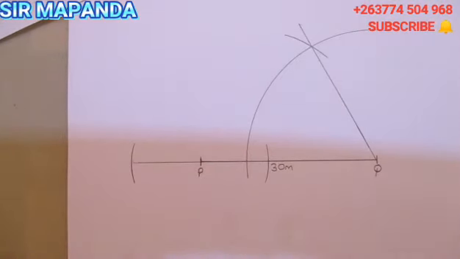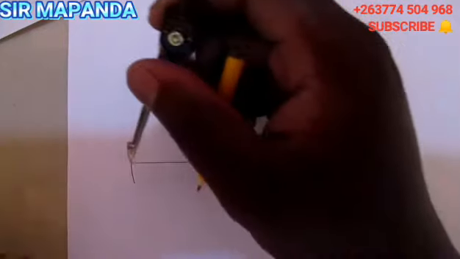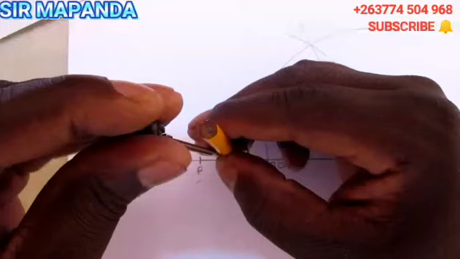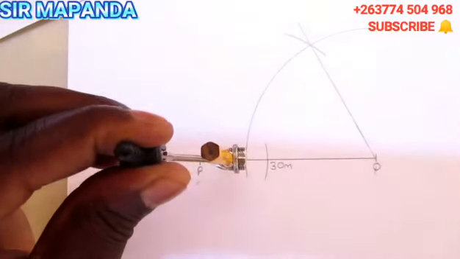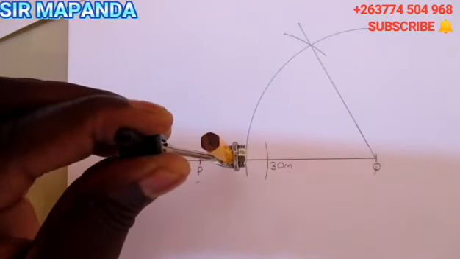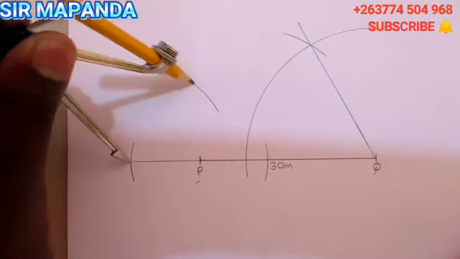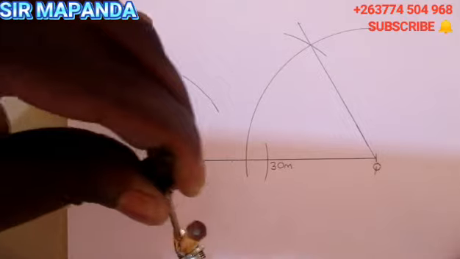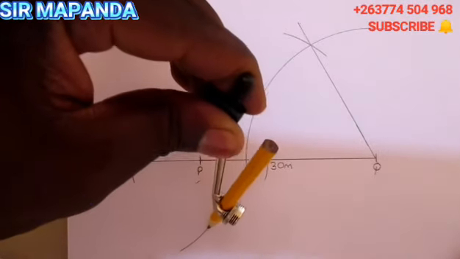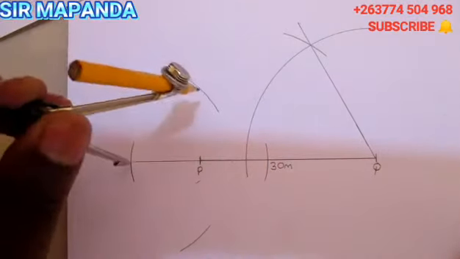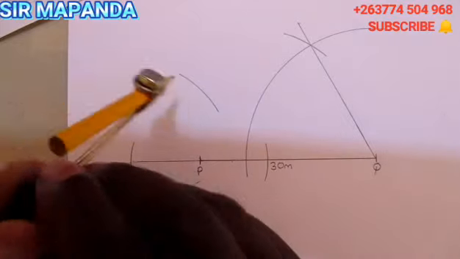Then after that, you touch this point, the first arc, then open a radius of 3/4, making sure that your pencil is between P and the second arc, right? Then you put an arc above, you put an arc below. Do not change the radius or the distance, right?